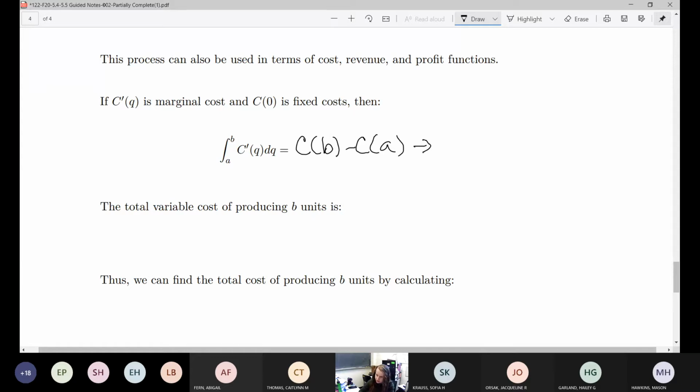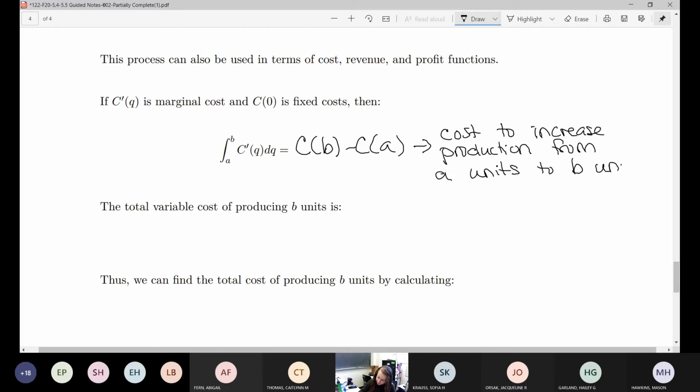But what this is essentially going to mean is the cost to increase production from A units to B units. So it's the cost to increase the production that that integral represents.